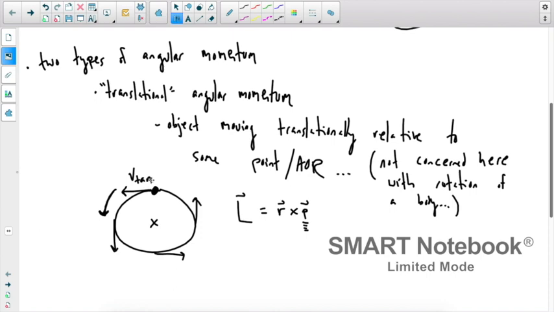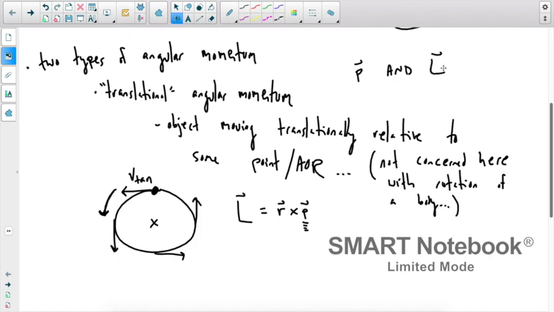So here's kind of the wacky thing. Every object in space that's moving through space, every point particle moving through space, even if that object is not rotating, has both regular old momentum, plain old momentum that we have discussed previously, and, if it's moving in a straight line through space, it also has this angular momentum.